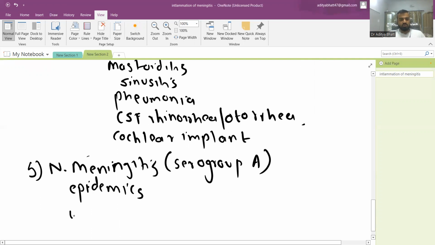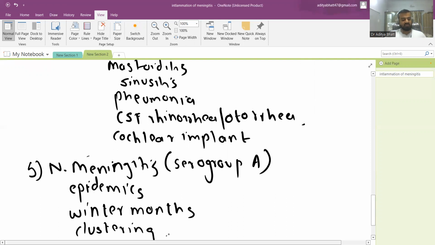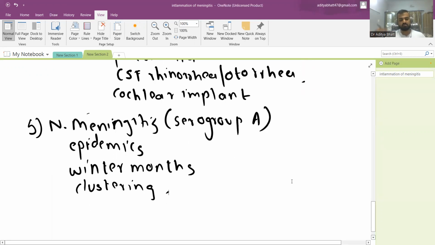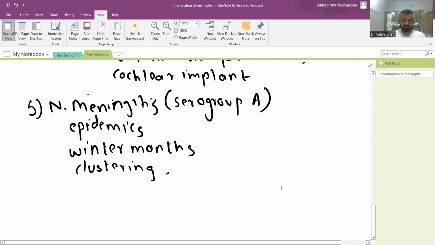Again, meningococcus occurs more in winter months, and usually in close clustering of families. Less than 5 years is a risk factor for pneumococcus.